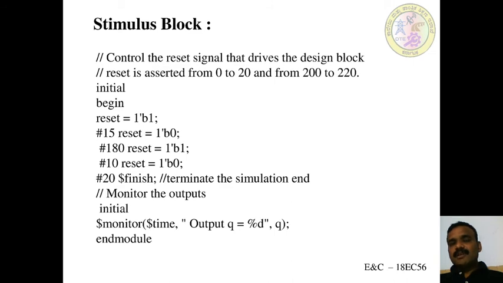After 15 time units, not seconds, the reset is going to be set to 1'b1. Then #10 reset is equal to 1'b0, meaning that when it was previously high, after 10 time units it goes to 0. Then $finish terminates the simulation, and end.